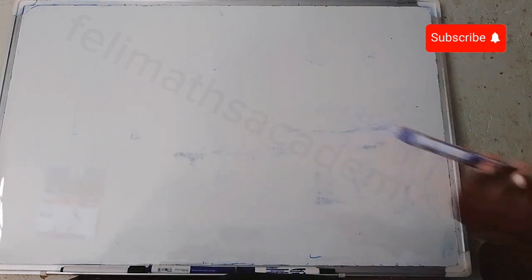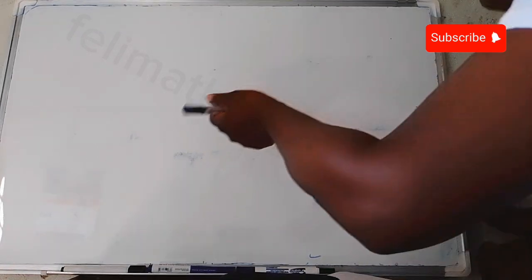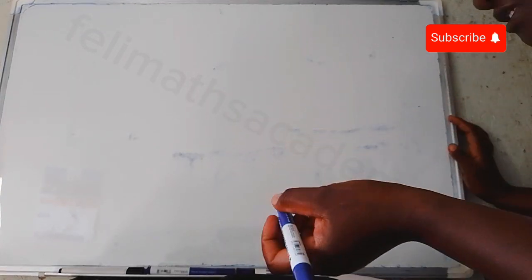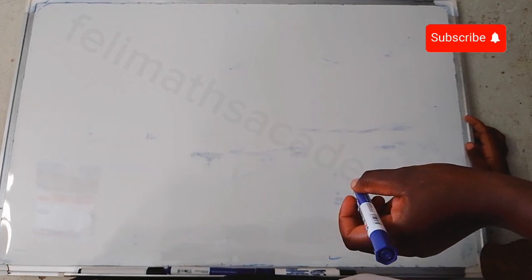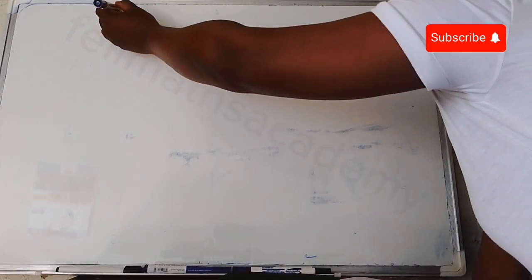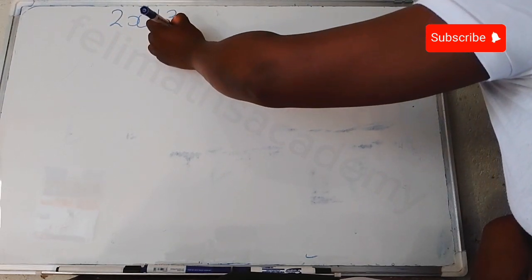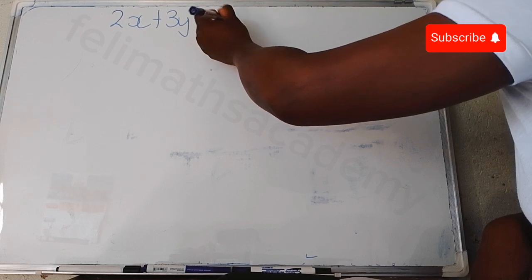I promised you yesterday that I'm going to do a video on solving simultaneous equations using the matrix method, right? So I'm going to put up a pair of simultaneous equations up there, right? We have 2x plus 3y is equal to 6.